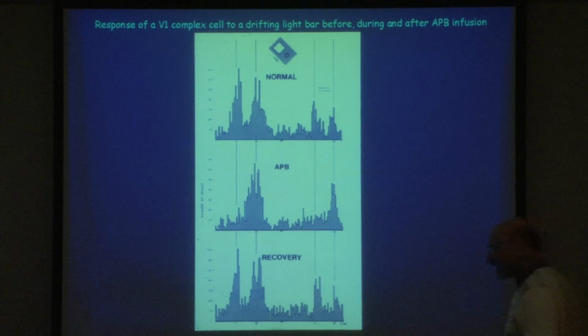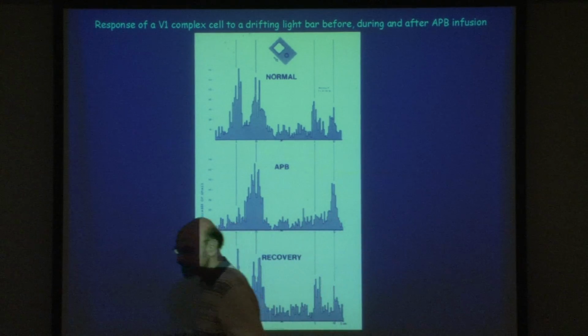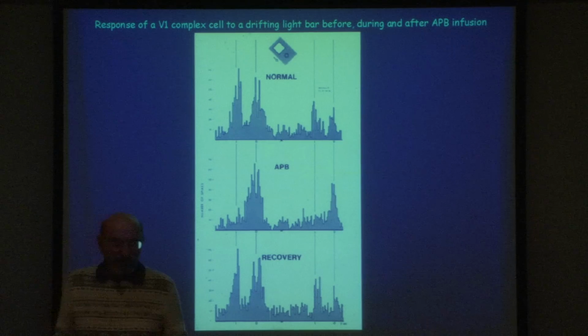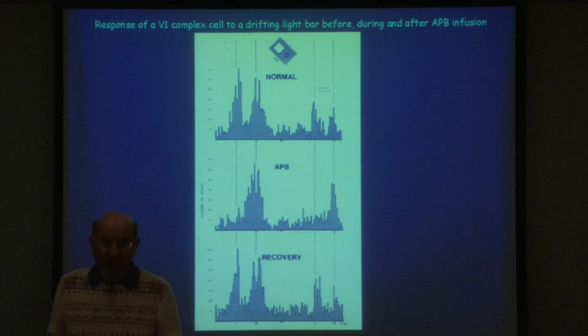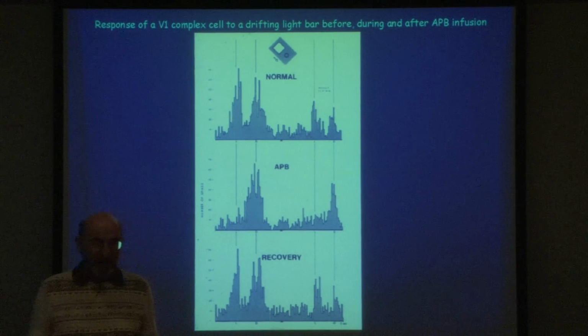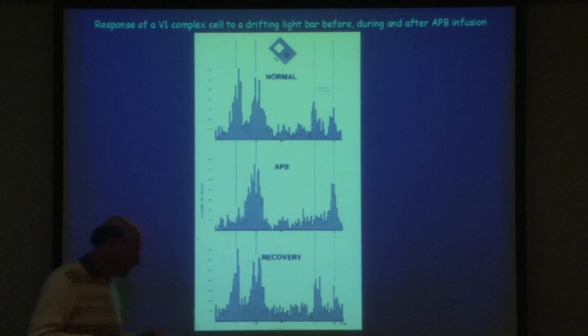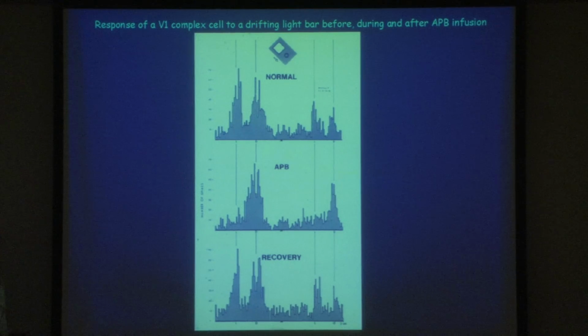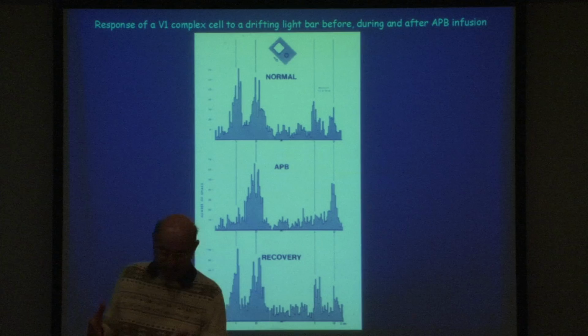So that then indicates that the on and off channels did not arise to bring about direction selectivity in the cortex. And so that brings us to the second transform, which is orientation specificity. So we can do that next.